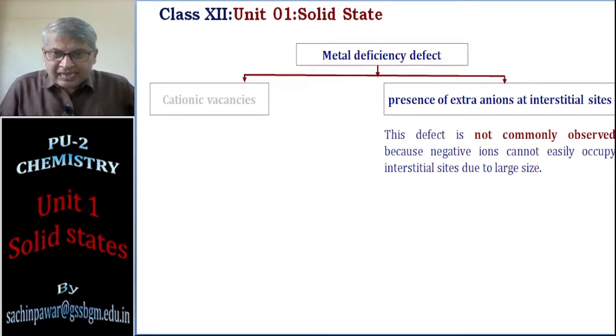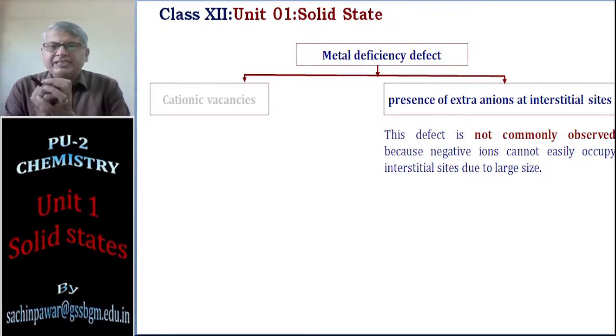So here the size of the anion is large, and since the size of the anion is large, the interstitial space which is available is very small compared to this large size, and therefore fitting this large anion into this small interstitial space is a very difficult task.